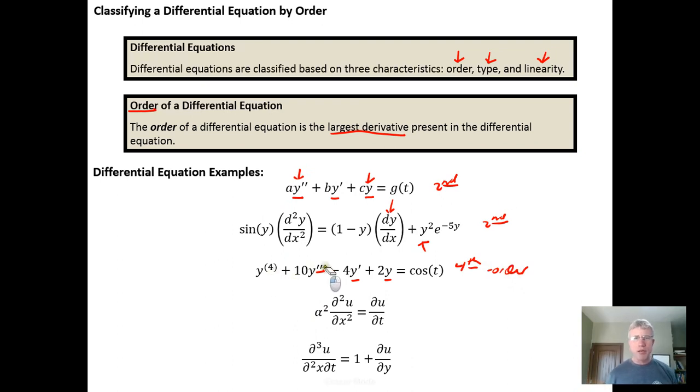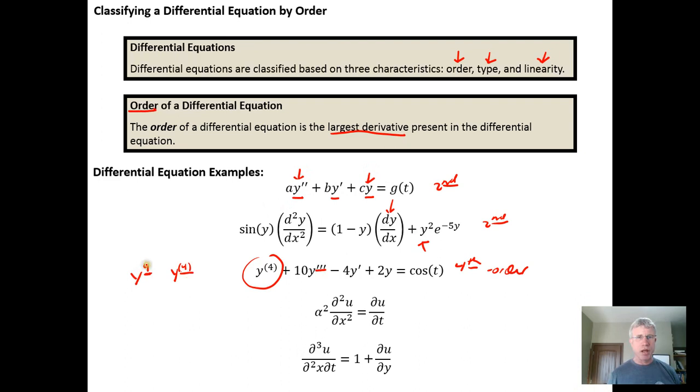And here is an important piece for notation. We want to discriminate between y to the fourth power and y to the fourth derivative. When we're indicating the fourth derivative of y and we're not using the prime notation that we're accustomed to, you'll put the order of the derivative in parentheses to distinguish it from the exponent four. So this says fourth derivative.